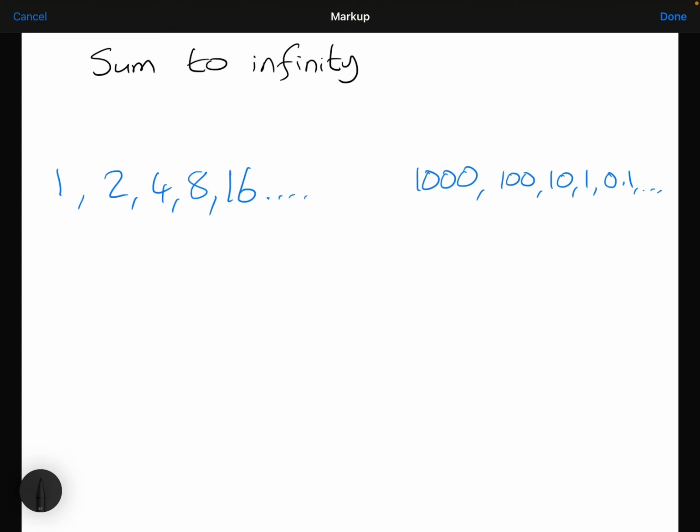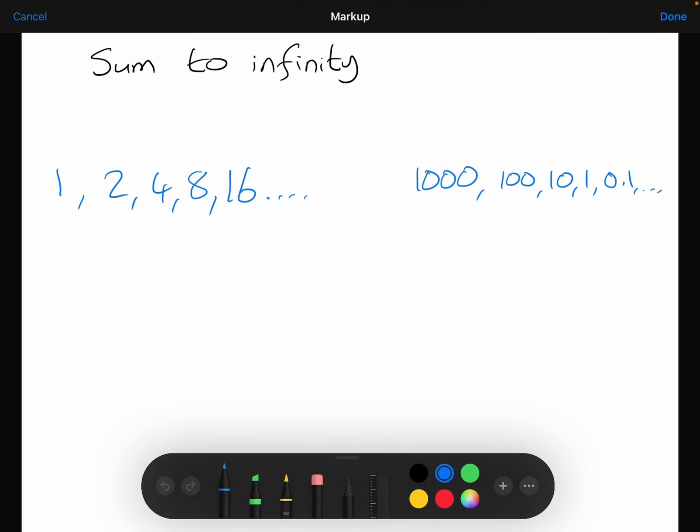Now, this first sequence there, 1, 2, 4, 8, 16, I can't work out the sum to infinity of that sequence. It doesn't make any sense because each time I'm multiplying by 2, the numbers are getting progressively bigger and bigger and bigger. There's no limit to the sum. Soon I'm going to be adding 1 million, then 2 billion, then 4 billion, and so on.